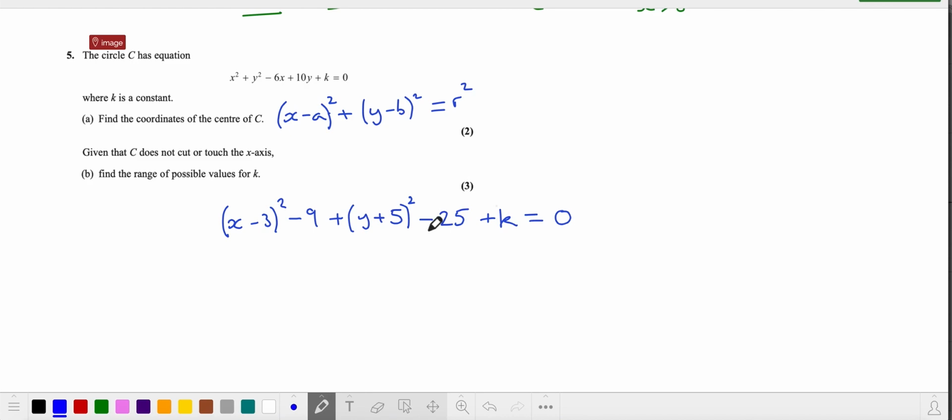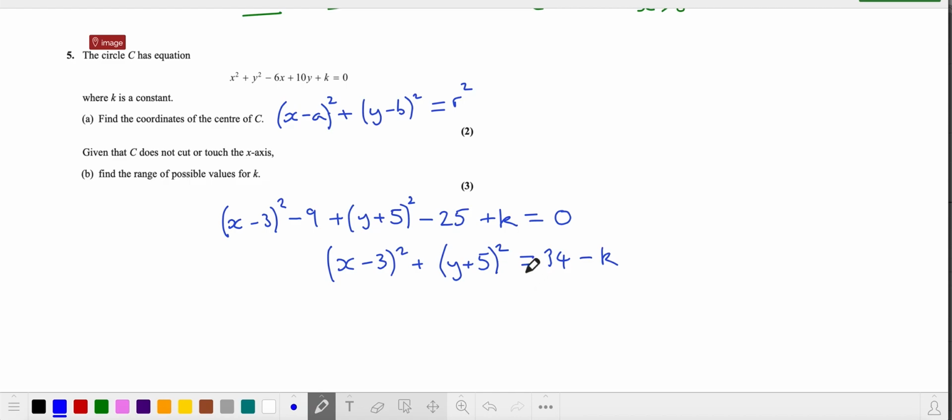and then all of the constant terms, move those over to the other side, and they will give us together our radius. So (x minus 3) squared plus (y plus 5) squared equals 25 plus 9 is 34, and take away k from both sides gives us 34 minus k.